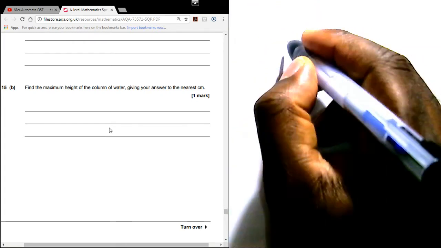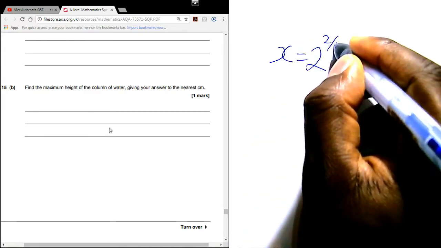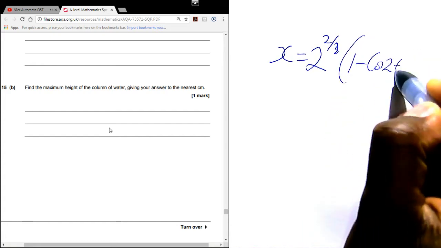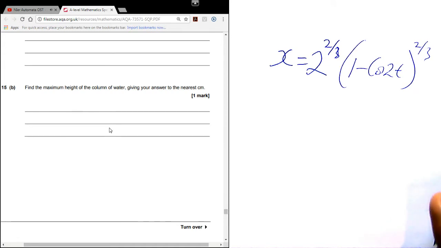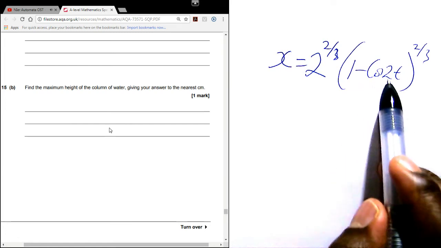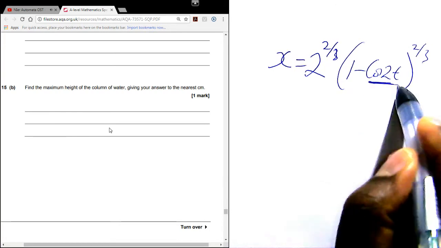So we came up with a solution that says x equals 2 to the power 2 over 3, 1 minus cos 2t, to the power 2 over 3. And you are told to find the maximum that this x can ever be. You don't need to differentiate. If you look at this, can you tell what the maximum this guy would ever be?